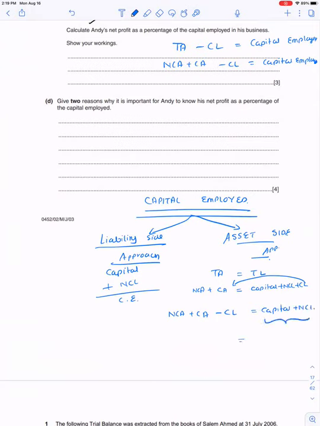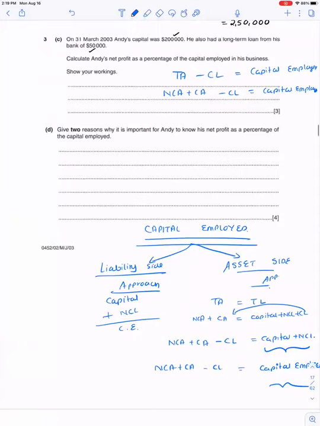This capital plus non-current liability is nothing but your capital employed. So non-current assets plus current assets minus current liability is going to give you your capital employed. This is the asset side approach to find out the capital employed.